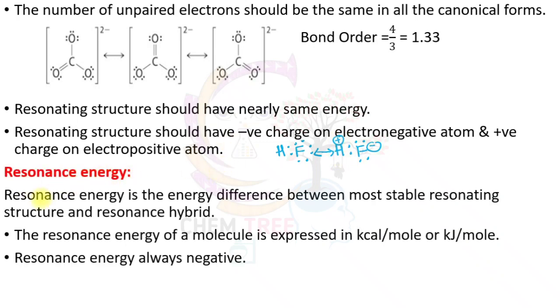Resonance energy. Resonance energy means the energy difference between the most stable resonating structure and the resonance hybrid. Resonance energy is expressed in terms of kilocalorie per mole or kilojoule per mole. Resonance energy is always negative.